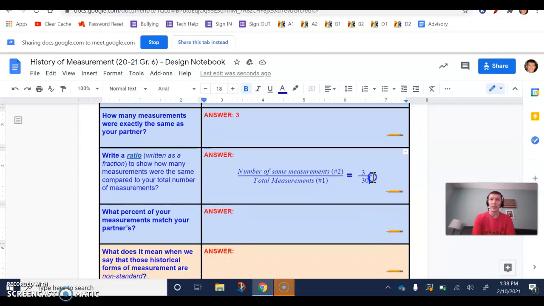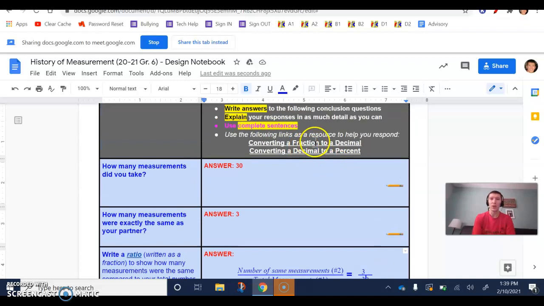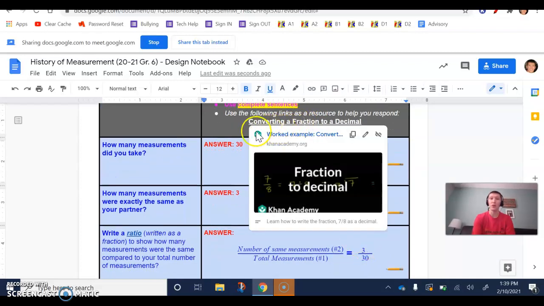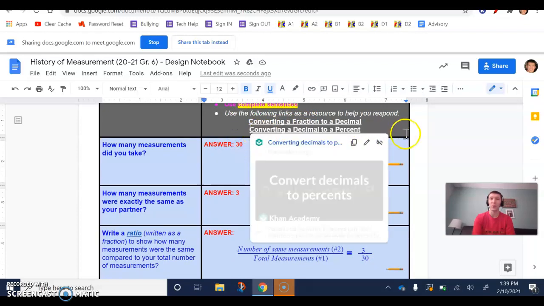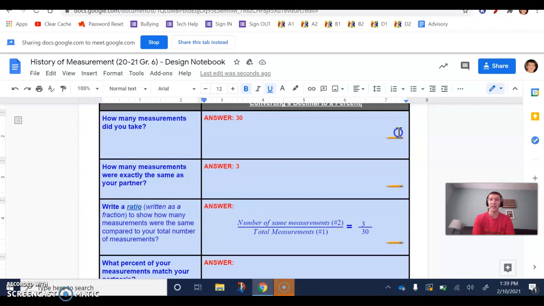So we're going to now take this answer for the next question, and we need to write that as a percent. What percent of my measurements match my partner's? So it's 3 out of 30. And so this is where you go up, and if you're not sure how to convert a fraction to a percent, there are 2 links here, 2 videos that will help guide you to converting that to a percent.